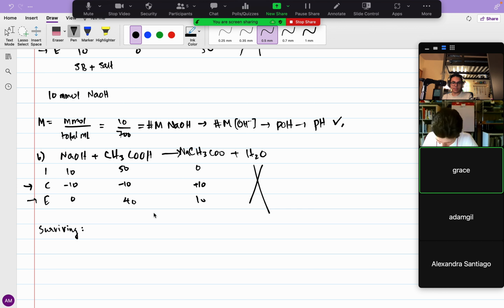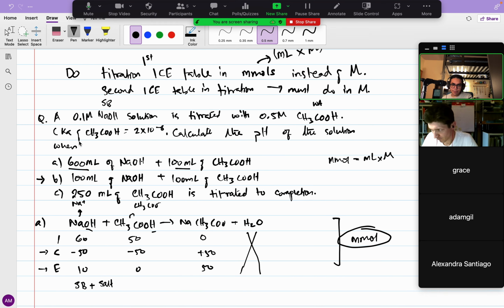Strong base, weak acid, salt. I've forgotten which one was what.